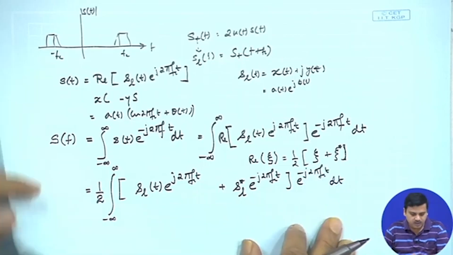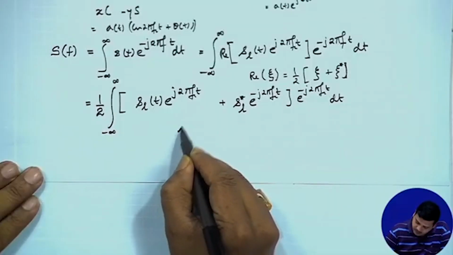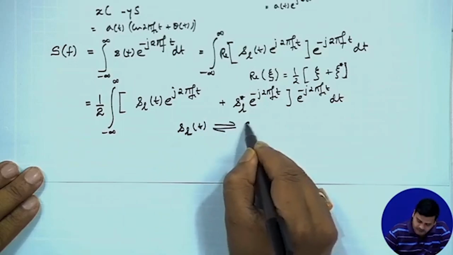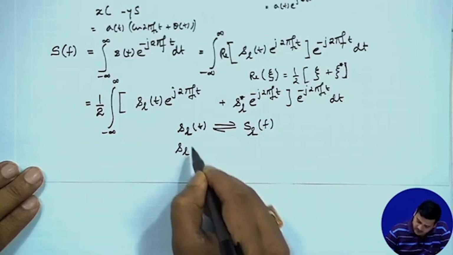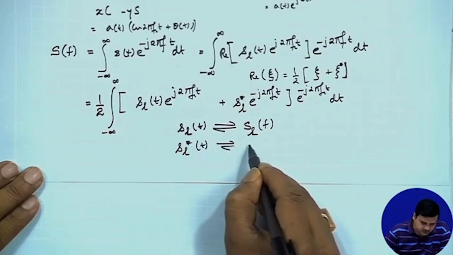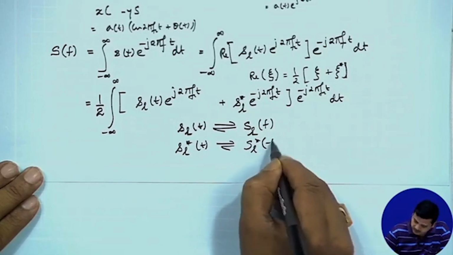This is the representation, and now we will use a few of the Fourier transform properties that we described in the previous lecture. You will see how these properties come in handy. We know that if s_L of t has a Fourier transform pair s_L of f, then s_L conjugate of t has the Fourier pair s_L conjugate of minus f.